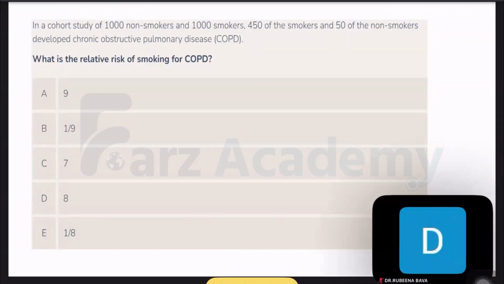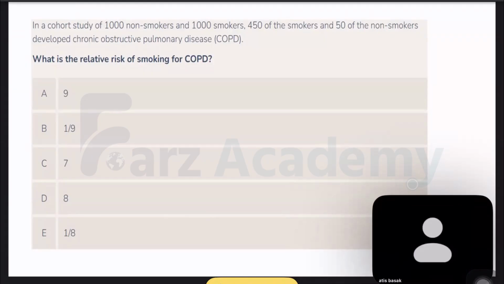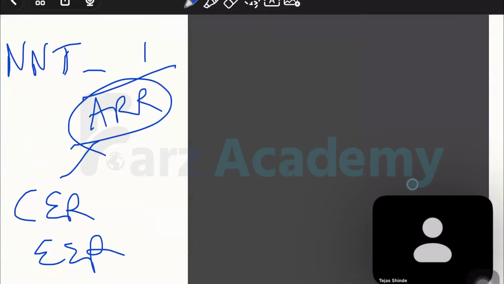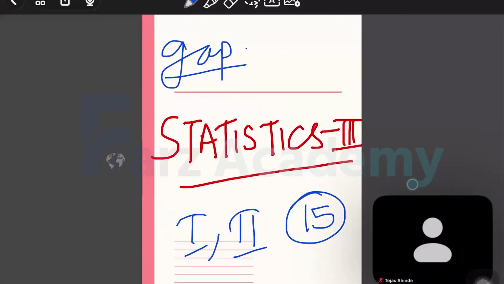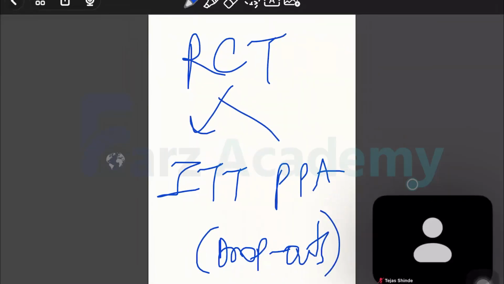Has anyone arrived at an answer? Any one of you? Relative risk. Which study calculates relative risk? Case control study. Answer is 9. Very good. So which studies calculate relative risk? Cohort study, ma'am. Very good. Cohort study calculates relative risk.